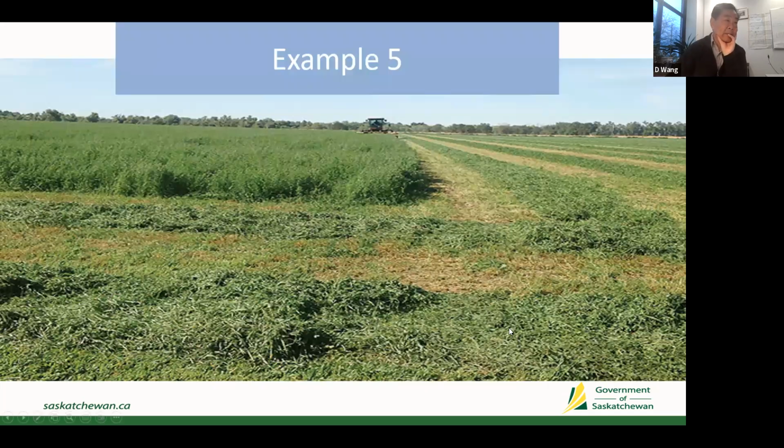Example number 5, I would think of as a special mission for Canada thistle control in organic cropping systems. When Canada thistle pressure is very high, you can grow alfalfa for hay for a few years.